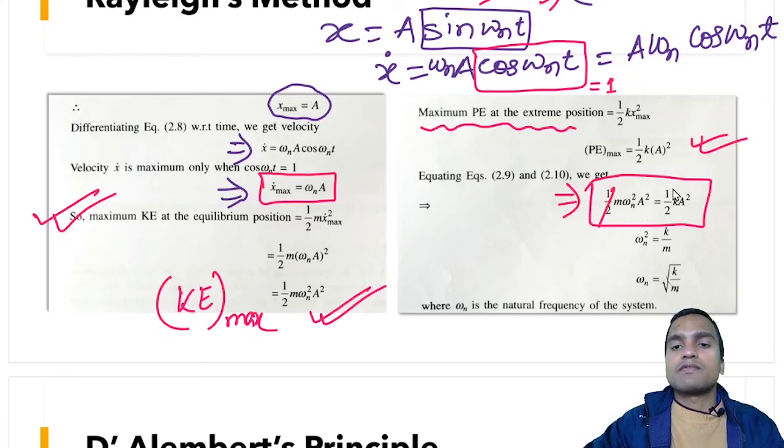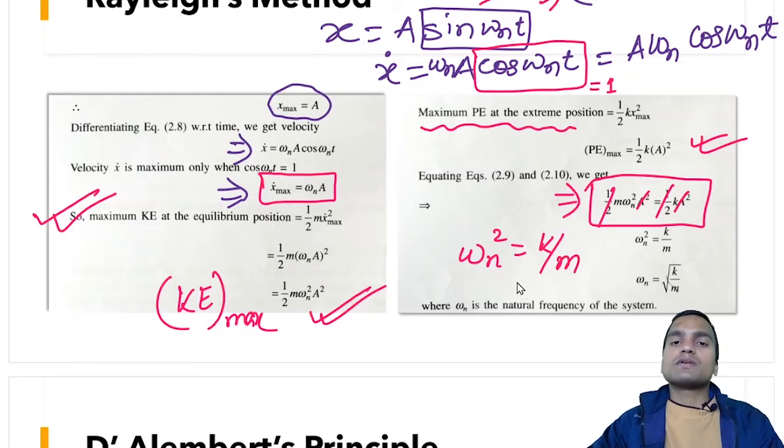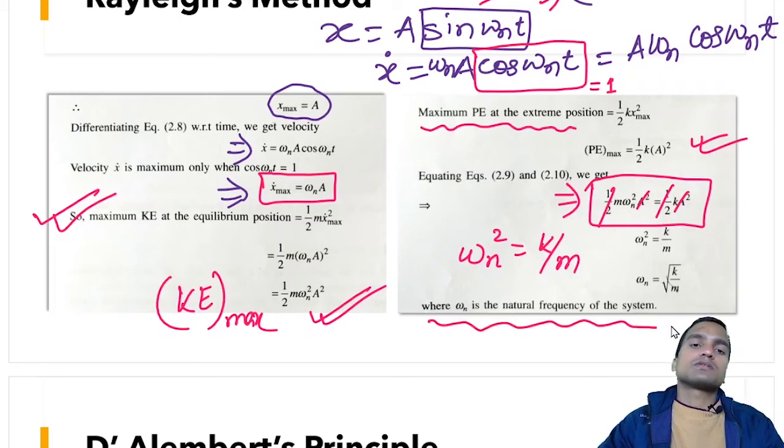We can cancel half, and A square is also cancelled here. Now we can arrive to the equation that ωn square is equal to k upon m. So again we are arriving to the same equation once again. So ωn here is the natural frequency of the system.